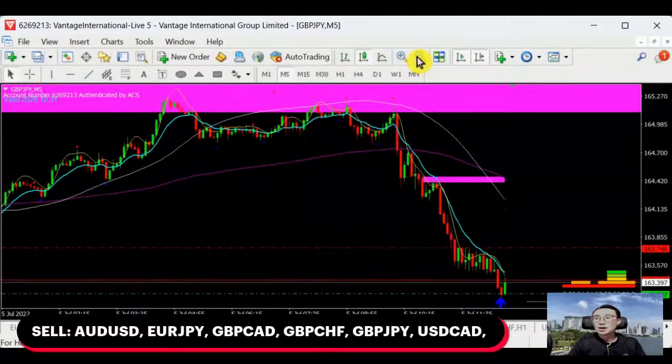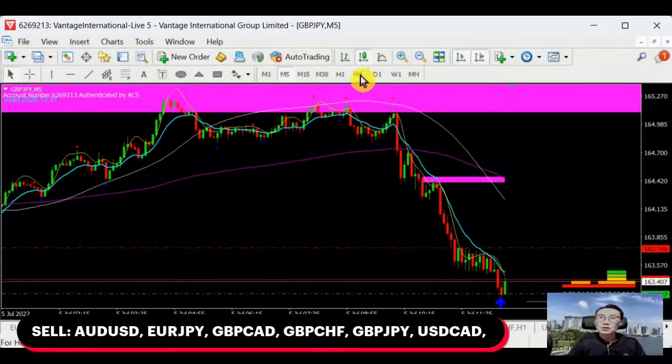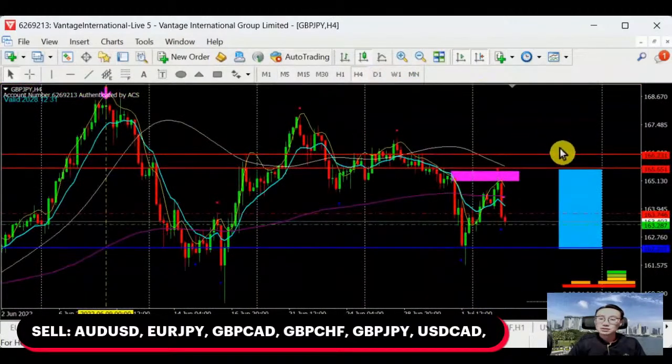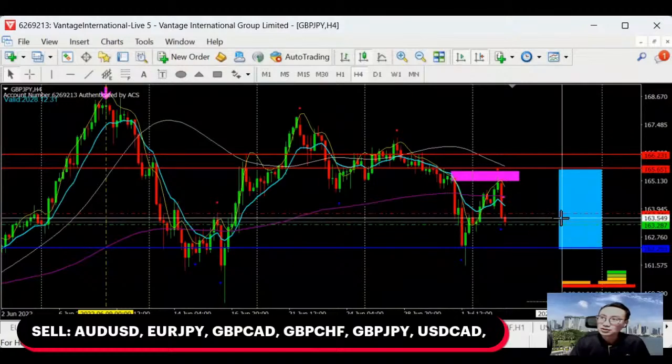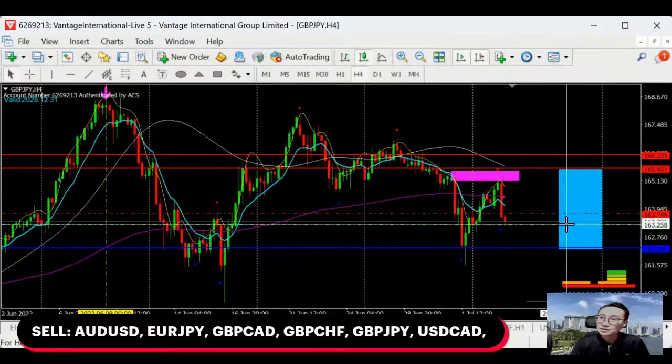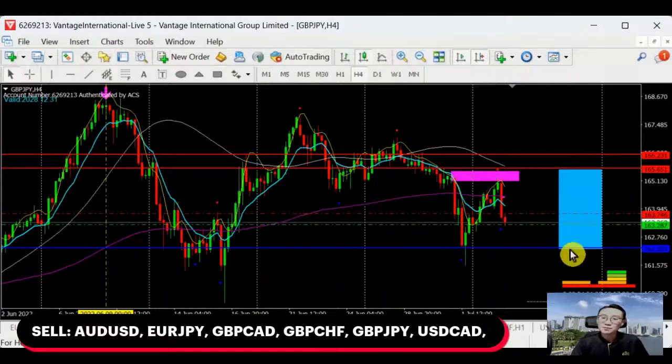Nothing more about pound yen, right? Although for pound yen, I've drawn this rectangular aqua box over here. With this box, I see that there's still potential from the support over here right down. It should be around 107 pips.